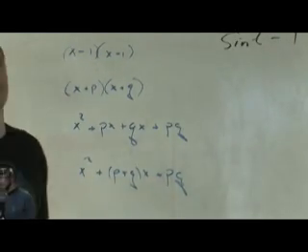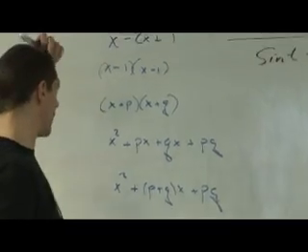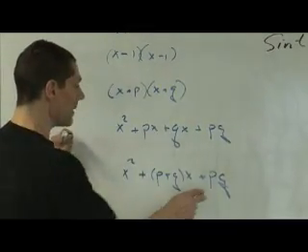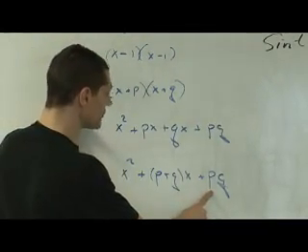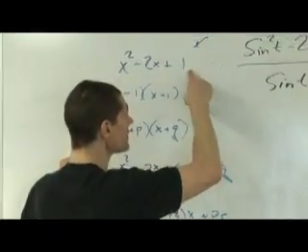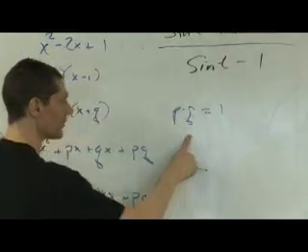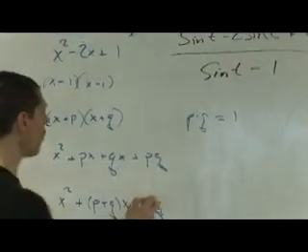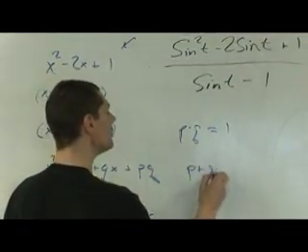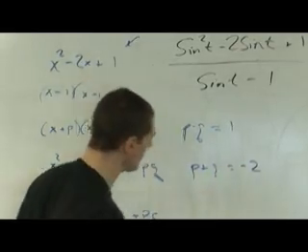Why am I doing this? Have I gone mad? No. Here's what's up. We are looking for two numbers, p and q. So p times q equals 1, and also, p plus q equals minus 2.